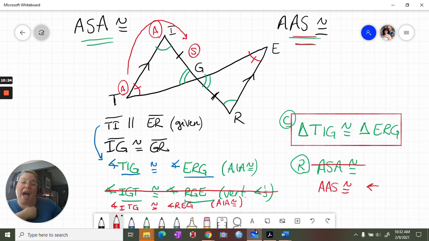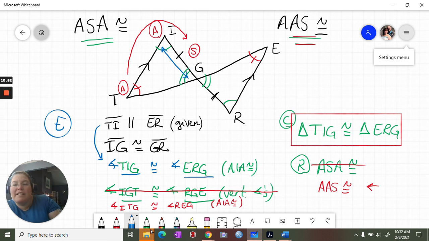Whether it's the angle side angle path or the angle angle side path, as long as your evidence matches the path you have listed, and the reason you use at the end, it doesn't matter. Okay?